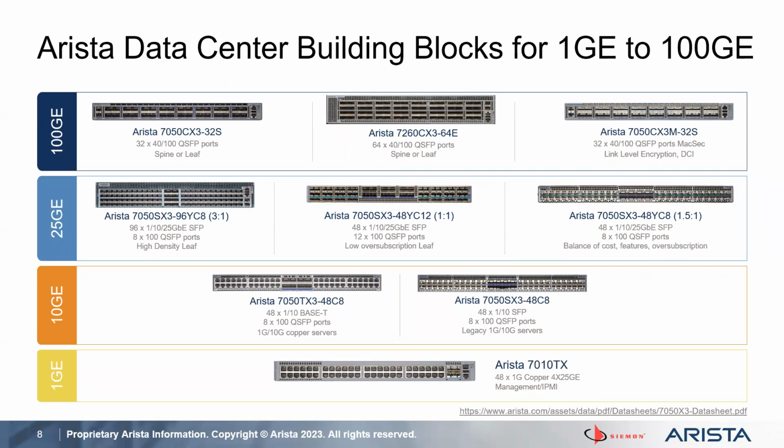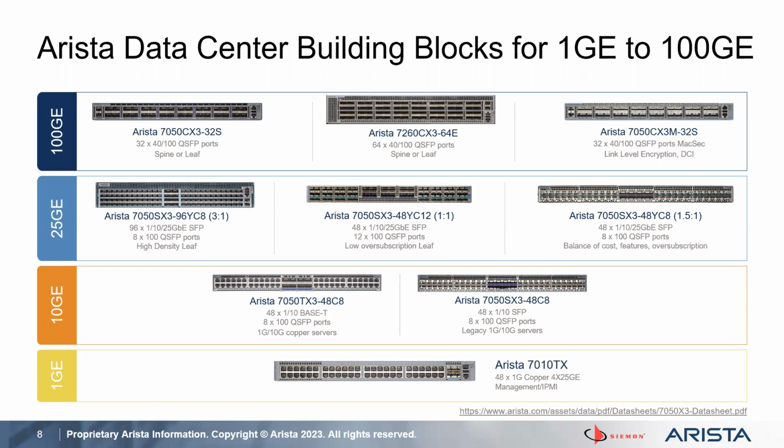And in that area, we typically recommend the switches that I've listed here, 32 by 100 gig or 64 by 100 gig. Or if you have a more sensitive environment, or if you're looking at a data center interconnect application and you need encryption, then we offer the same version of that particular platform with MACsec built in, or layer 2 encryption built in. So, you have options with MACsec or without MACsec.